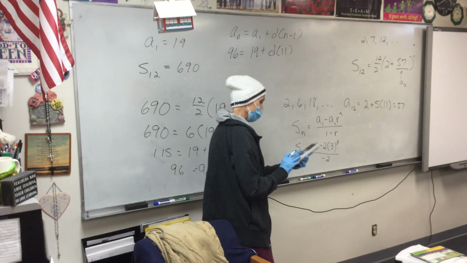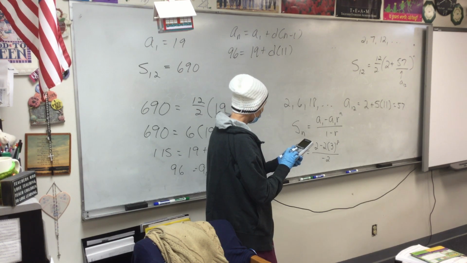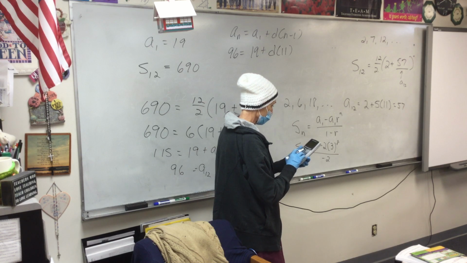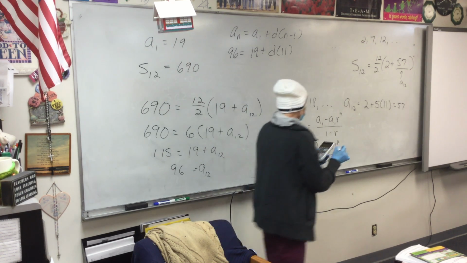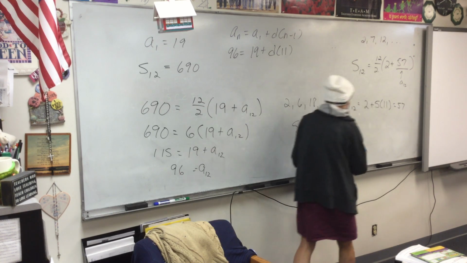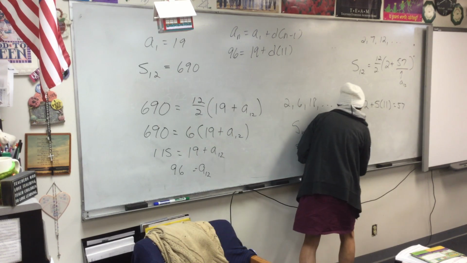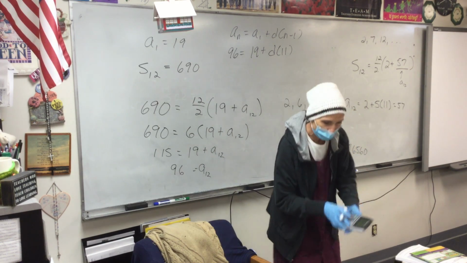Now again, what's going to be the unit on that when you get this big number? It's going to be cents. So it's not as big as I thought. It's 6,560 cents, which would be $65.60.